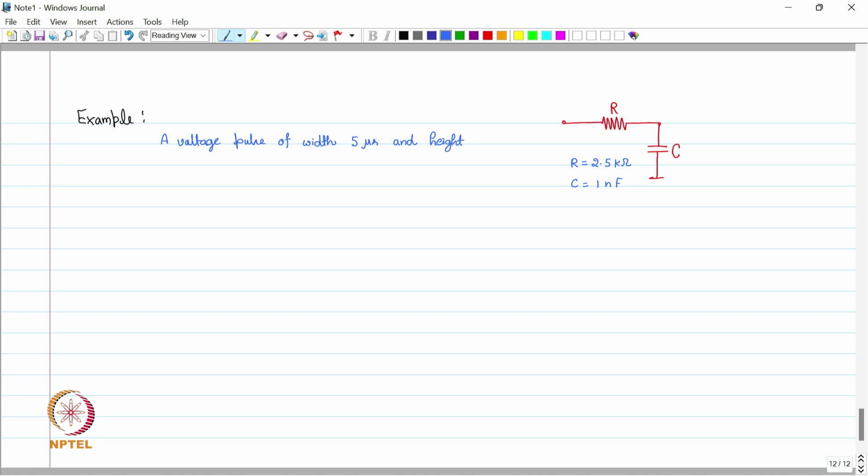The voltage pulse has a width of 5 microsecond and a height of 4 volt. It is applied at the input, and we need to sketch the output of the circuit.